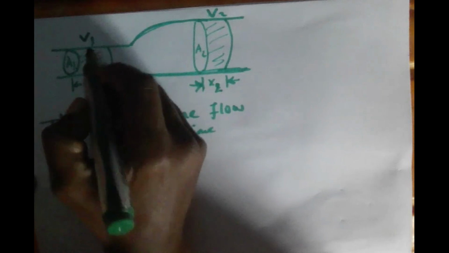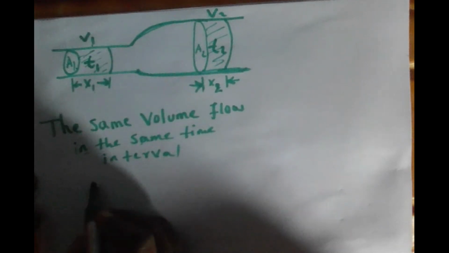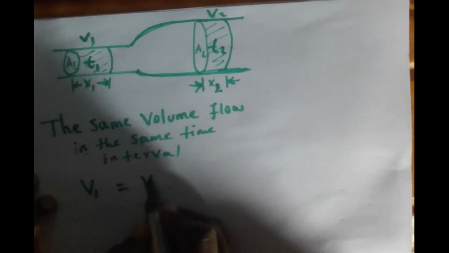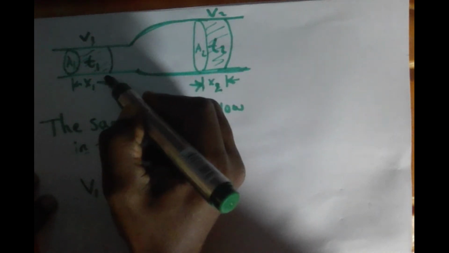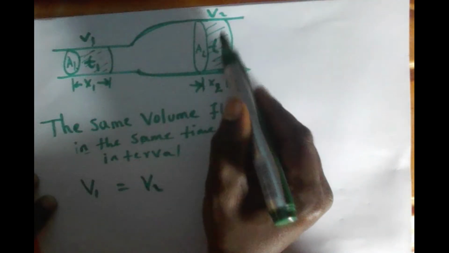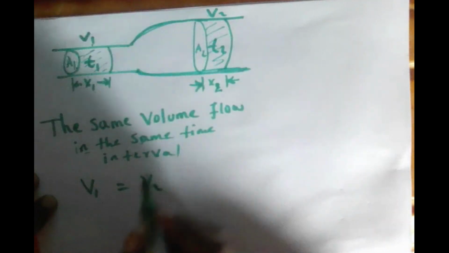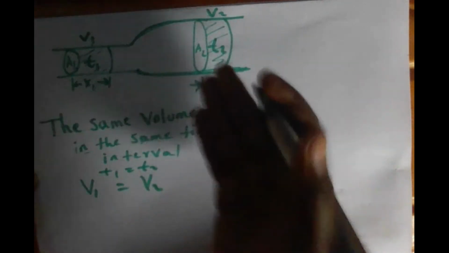Therefore, the time interval taken to be t1, let's say this is t2. So in this time interval, the V1 is equal to V2. The volume V1, which will be acquired in a given time interval, will be the same as the volume V2, and t1 must be equal to t2.